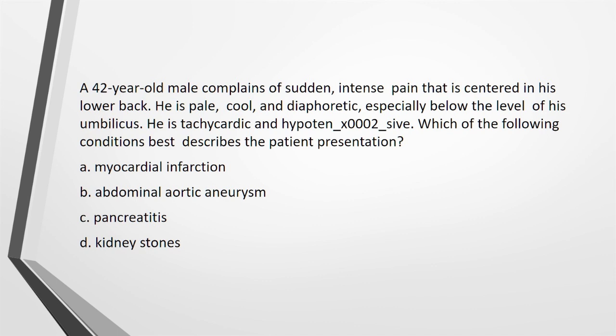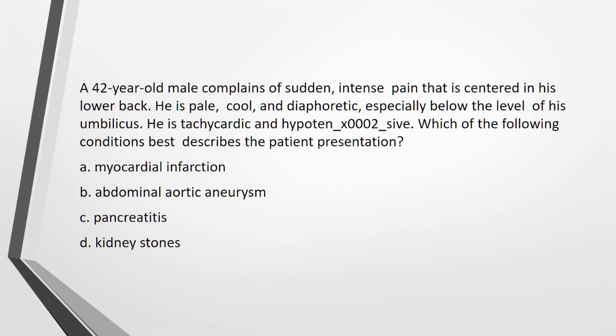20. A 42-year-old male complains of sudden, intense pain that is centered in his lower back. He is pale, cool, and diaphoretic, especially below the level of his umbilicus. He is tachycardic and hypotensive. Which of the following conditions best describes the patient presentation?